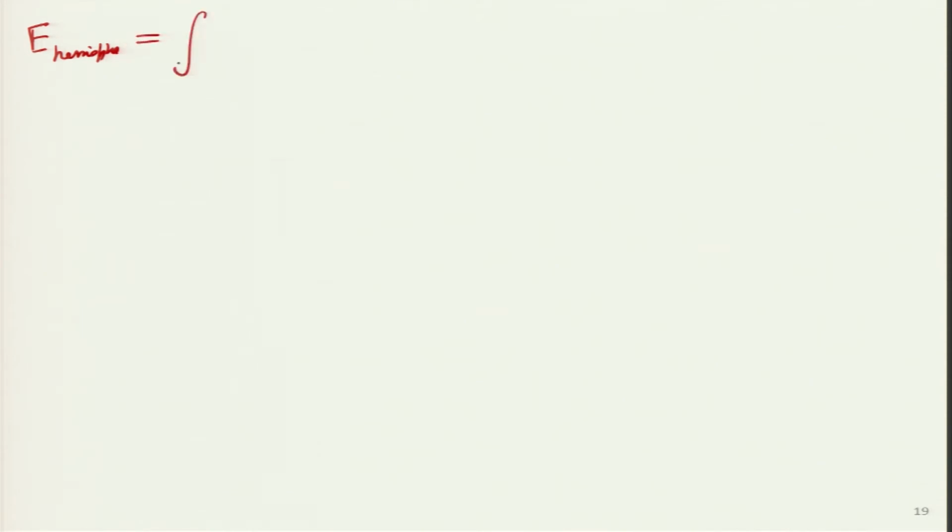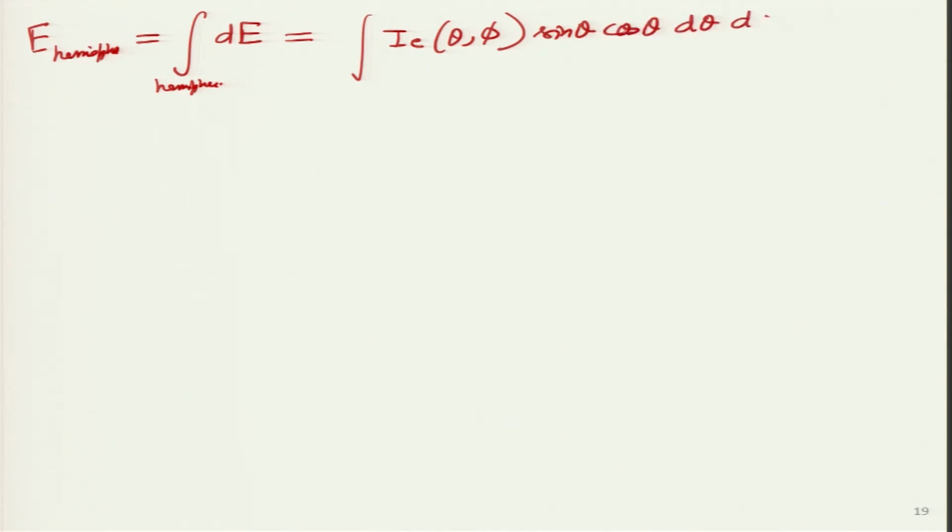I can write it is simply dE over the whole hemisphere, where dE from the last page I have the expression, which is I_E(theta, phi) sin theta cos theta d theta d phi.